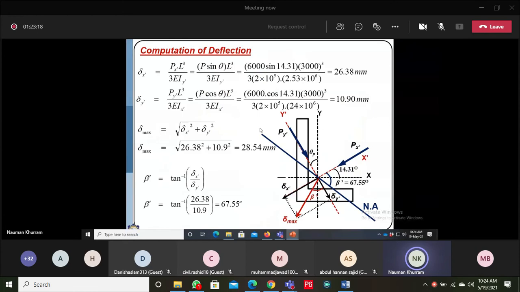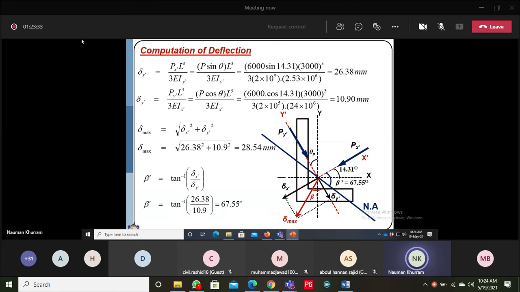Okay, next is computation of deflection. I told you that the deflection formula is only applicable about the principal axis. So it means that we will determine the deflection by component also.